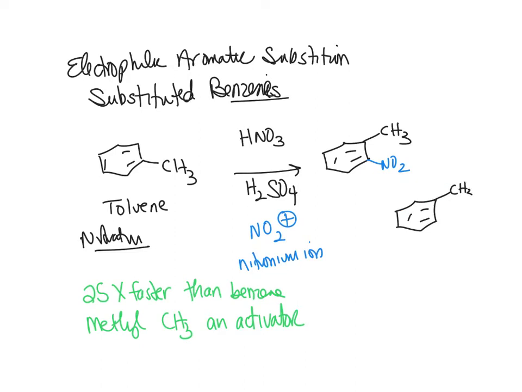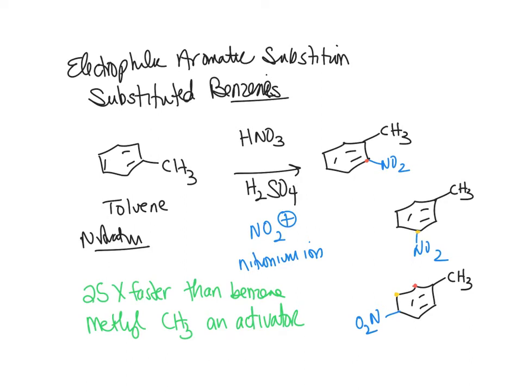You can get the nitro group on this carbon, and you can get the nitro group on this carbon. Now, if you put the nitro group on this carbon, that's the same thing as this one. And if you put the nitro group on this carbon, that's the same thing as this one.